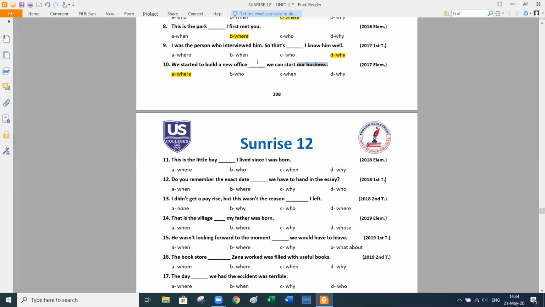So the relative pronoun that I write here cannot be a subject or object because we have both of them already in the sentence. So then, who is not possible. Which is not possible. That is not possible because it is not an object or subject. Because office is a place, I choose where. That's correct.